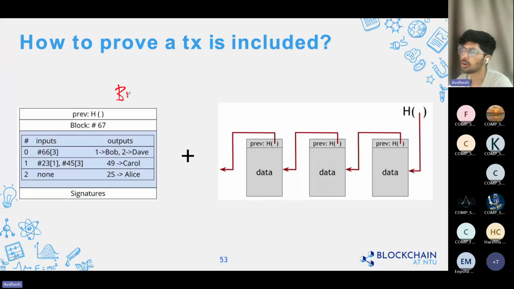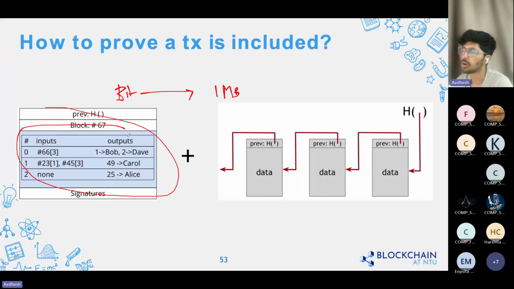In Bitcoin's case, it's around 1 MB of data per block, and this will not exceed 1 MB. That is one of the key constraints in the Bitcoin system.